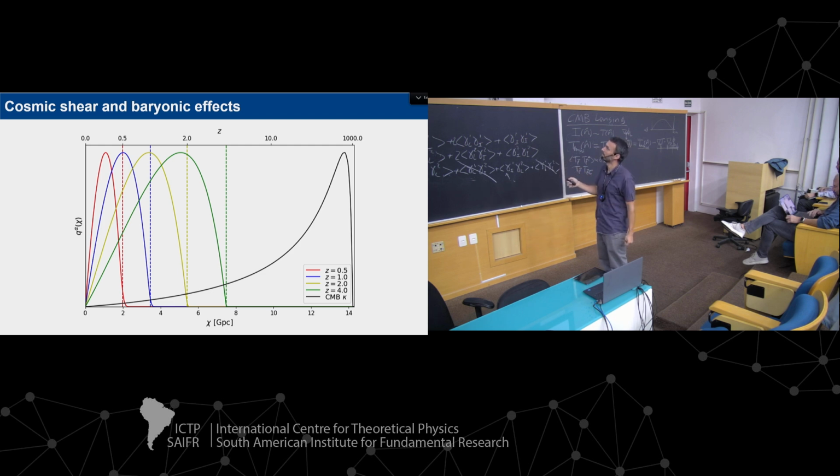As Miguel said before, if you have galaxies at some redshift, the lensing kernel will peak at intermediate redshifts. Well, with CMB lensing, what you get is another set of quote-unquote galaxies, which sit at a much higher redshift, at a distance of about 14 gigaparsecs. So it's basically a map that will correlate with all of the large-scale structure of the universe.